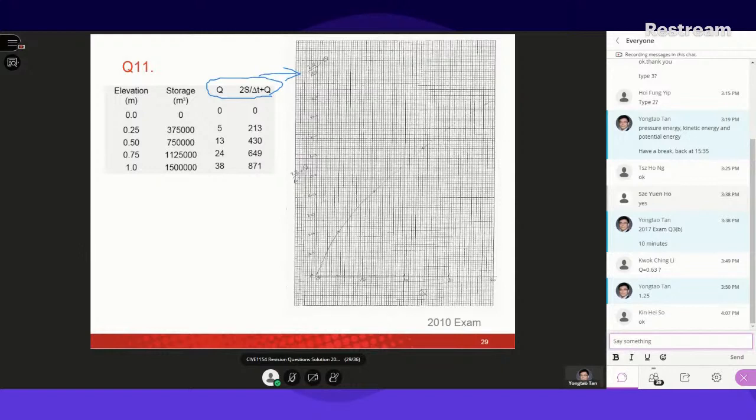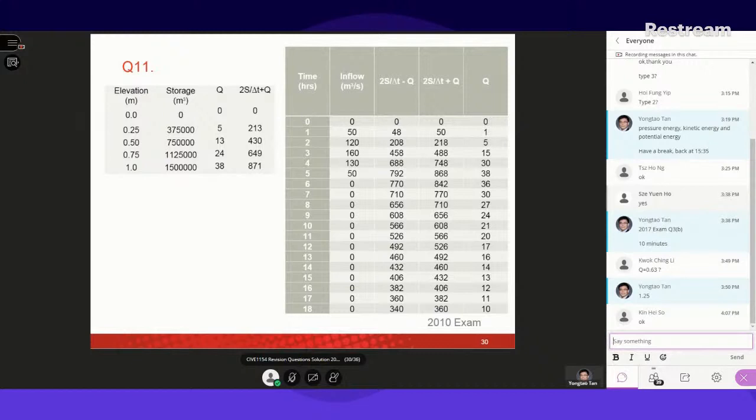It will be more accurate if we use graph paper, because the relationship between these two is not linear. After that, we list the time here and also the inflow, and use the reservoir function to do the hydraulic routing.